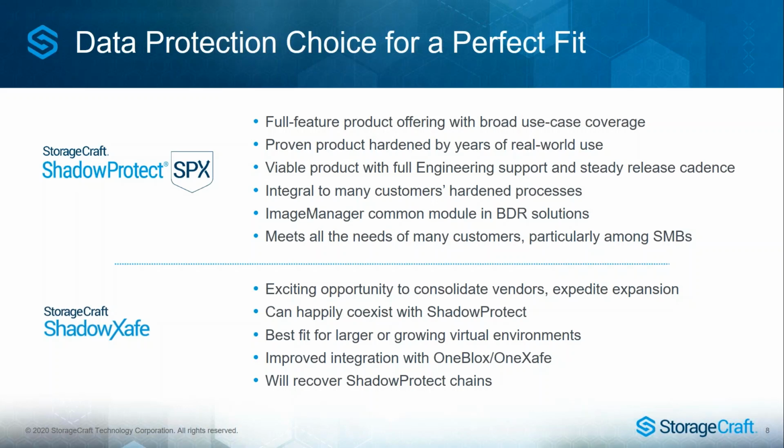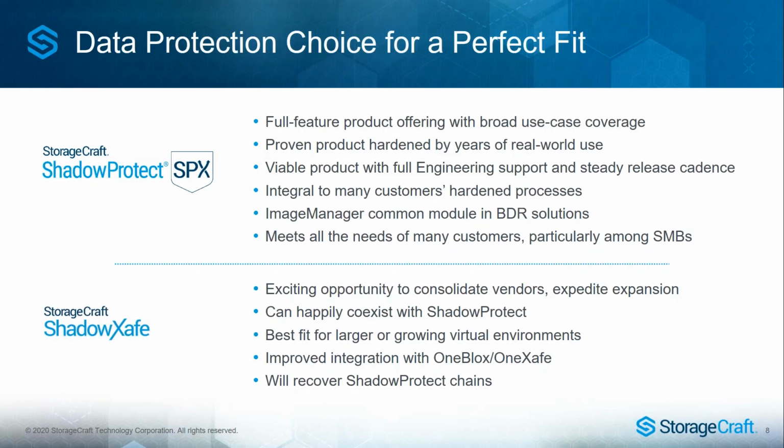Now you have Shadow Safe in conjunction with that. And the way to view Shadow Safe is as an opportunity to consolidate vendors. One of the things that we've heard from many of our Shadow Protect users is that on occasion they have to have more than one vendor to be able to do certain workloads. They might use Shadow Protect for a lot of things that they need to protect, and then they need something specific, maybe virtualization.